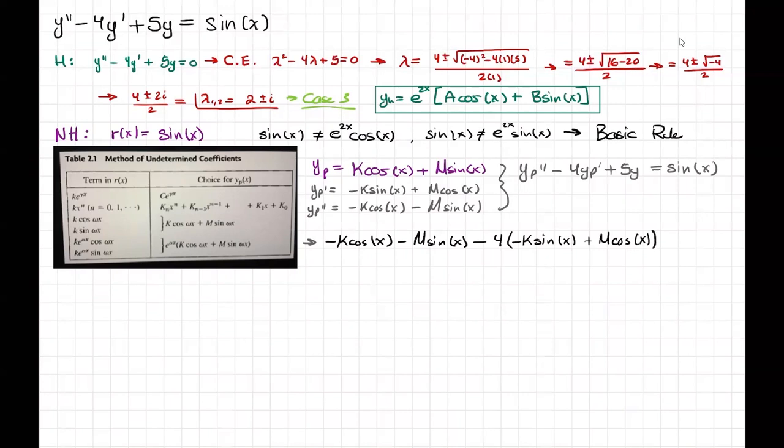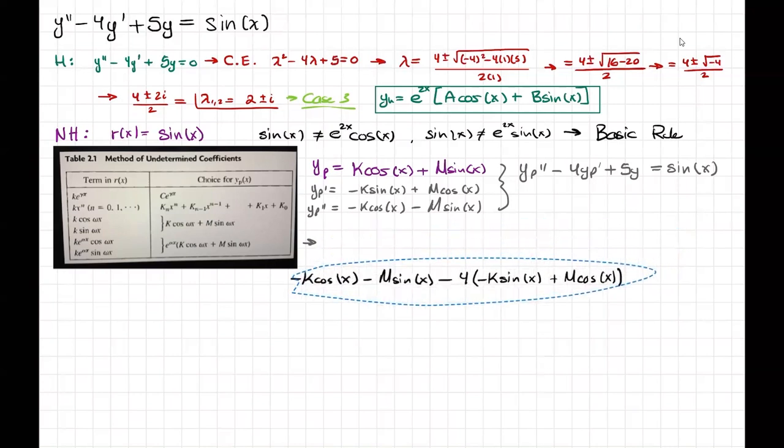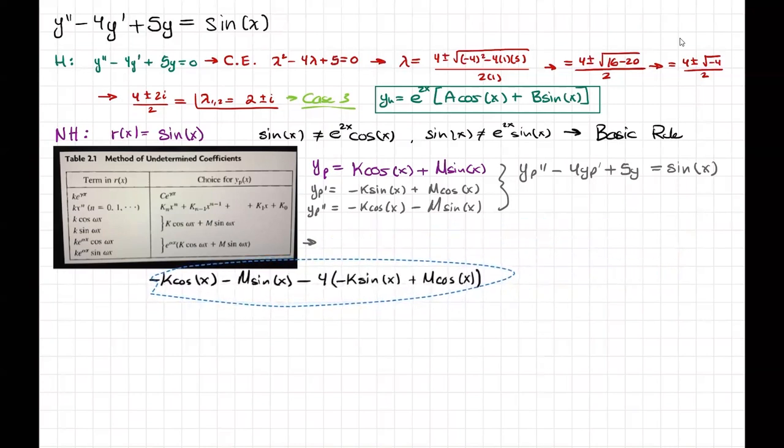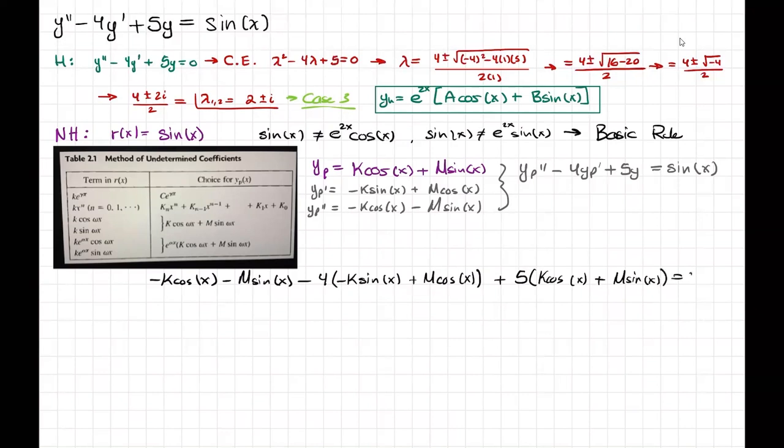Let me just move this one real quick to the bottom so that everything fits. All right. So then the last one will be plus 5 times k cosine of x plus m sine of x equals sine of x.